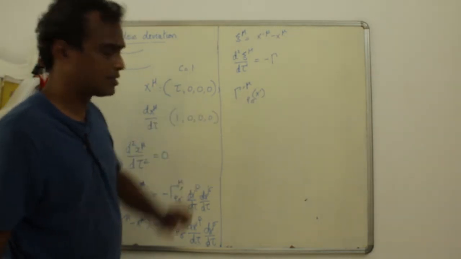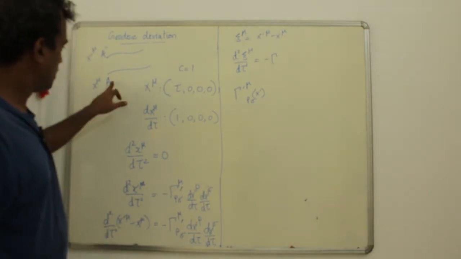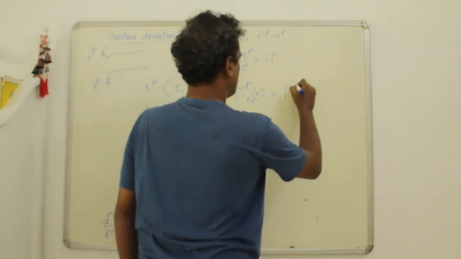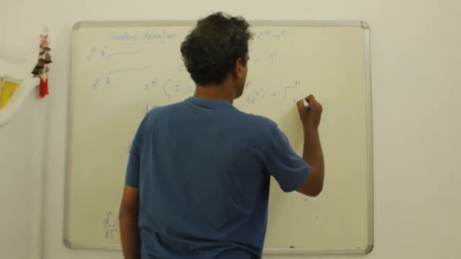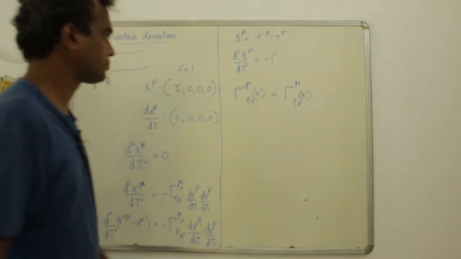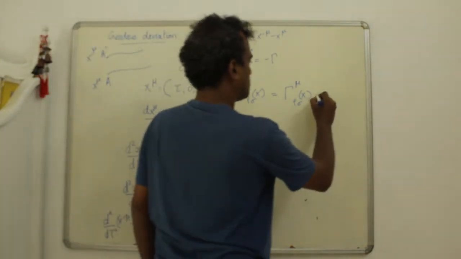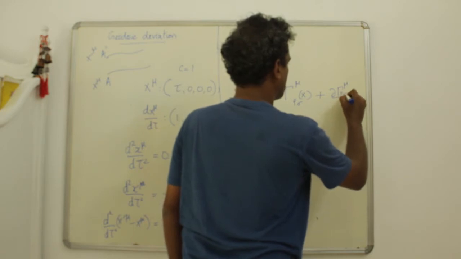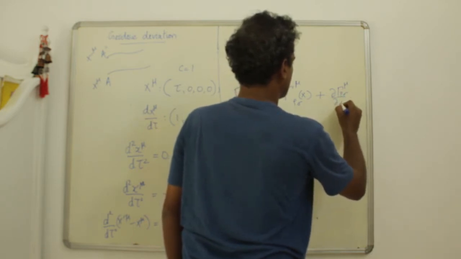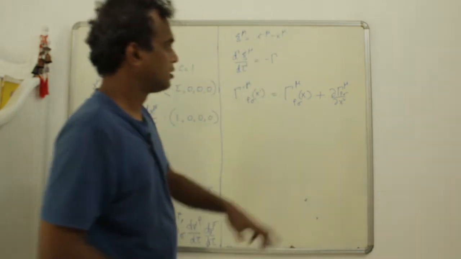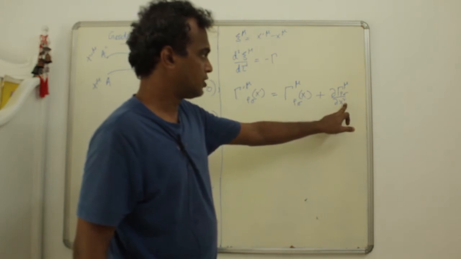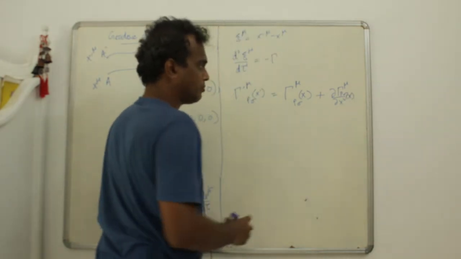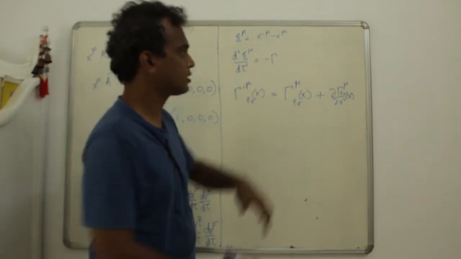I could always write this as a Taylor series expansion about the point A. When I do that, I get gamma mu rho sigma at x, plus the derivative of gamma with respect to x nu evaluated at point A, multiplied by the difference between x prime and x, which is psi nu.